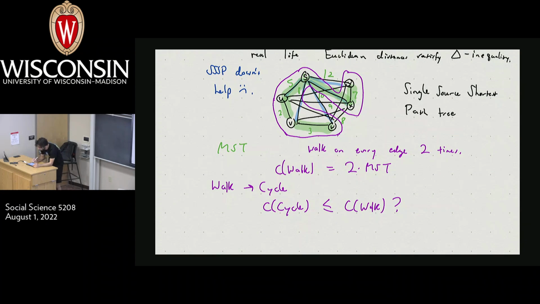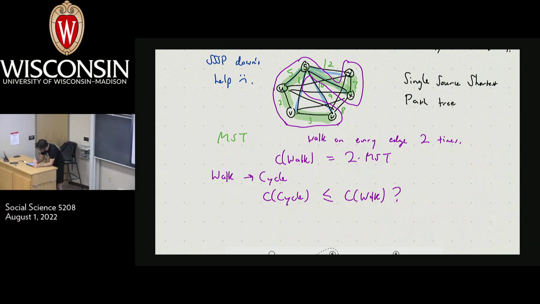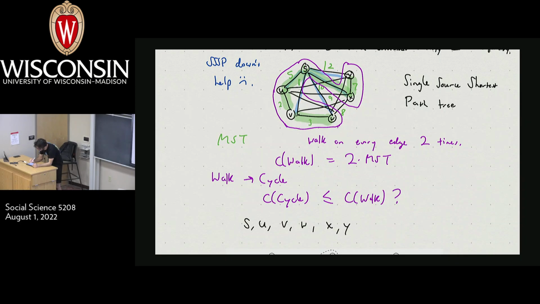So let's say our order we picked was S, U, V, W, X, Y. That's the order we hit every node in. So we're at S, we're at U, we're at V, we're at W. The next thing we want to do is go to X, but to get there we repeat nodes.